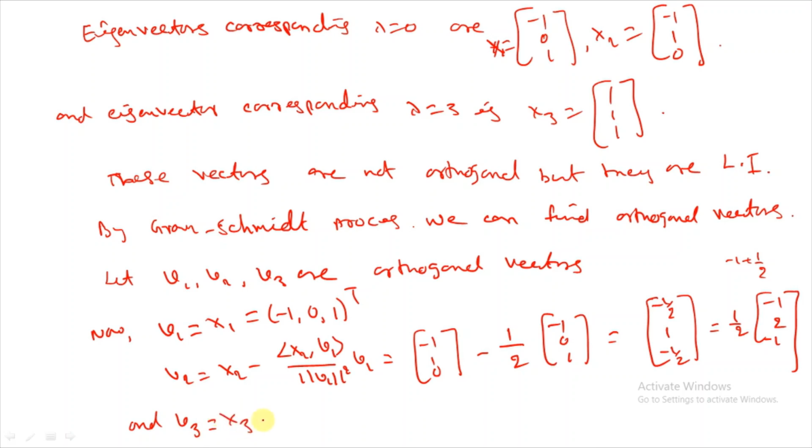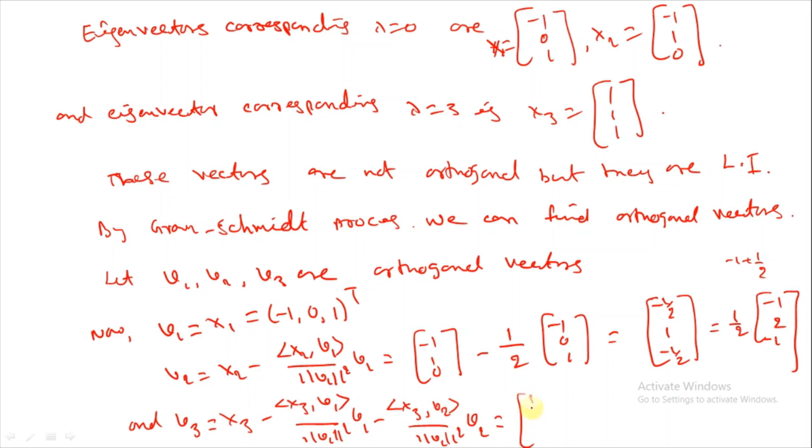And v3 equals x3 minus the inner product of x3 and v1 by norm v1 whole square into v1, minus the inner product of x3 and v2 by norm v2 whole square into v2. What is x3? It is 1 1 1. Minus x3 with v1 is orthogonal, that is 0, and 0 by something is 0.